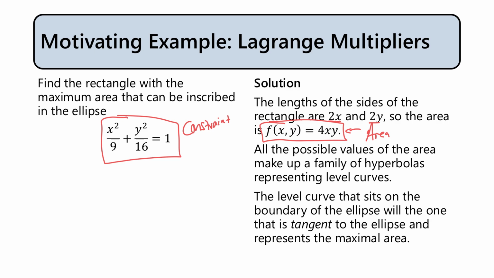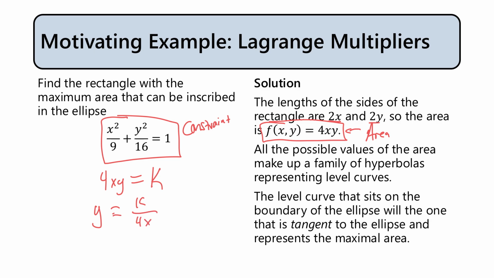Now, all the possible values of the area make up a family of hyperbolas. So, for example, if I said 4xy equals some constant k, then notice this is like saying y equals k over 4x.